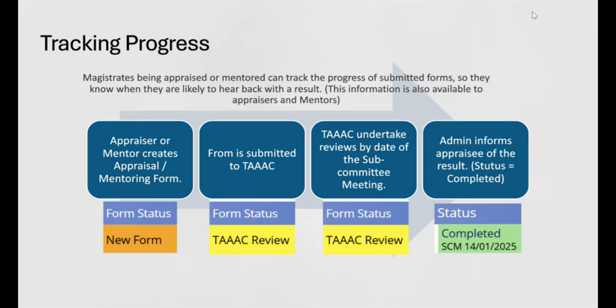When the form is then submitted to TAAAC and throughout the reviewing process, it would be under the TAAAC review status. Once that form has been reviewed and completed, then it goes to the completed status. So appraisees, mentors and TAAAC members can easily now see the status of their form as it goes through the system.